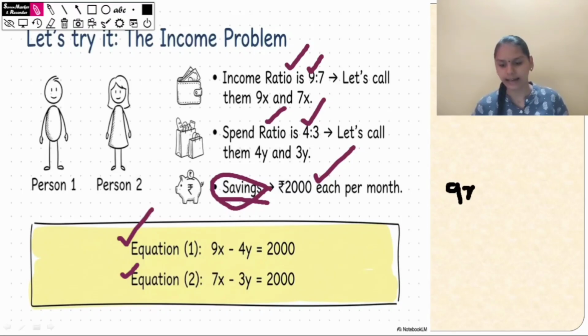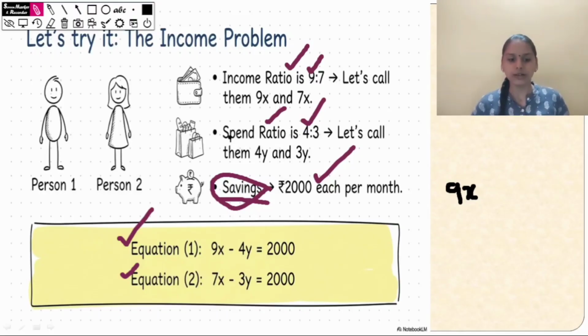His income is 9x, but out of that he's going to spend. Spending is negative. I had explained that if you get something more, like a profit, you assume it as plus. Spend or less than, loss, all these are negative, so you put a minus sign in front of that number.